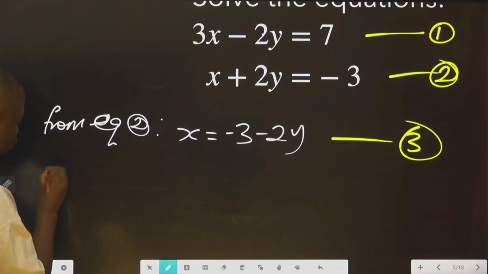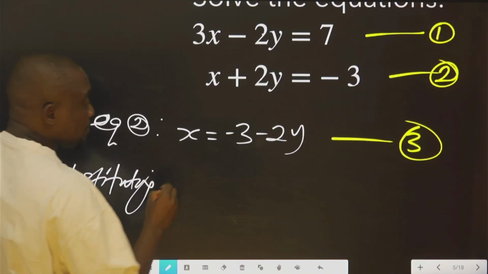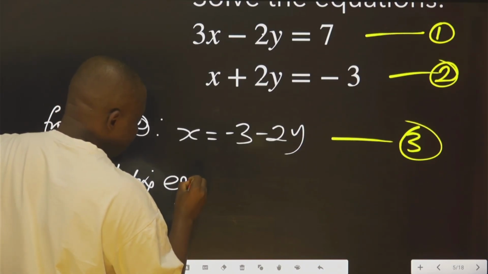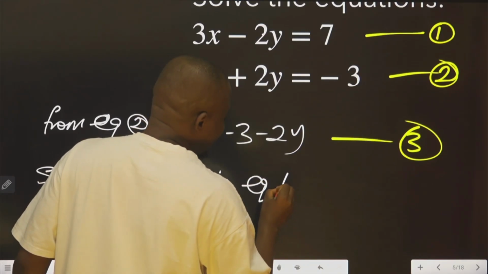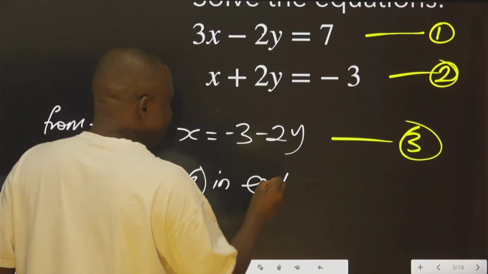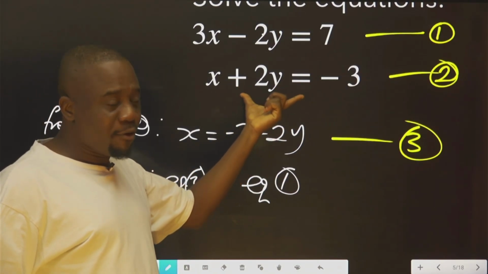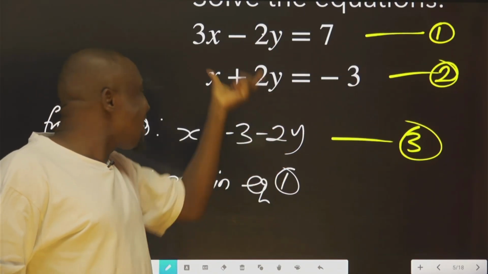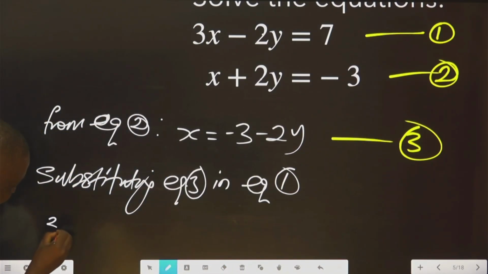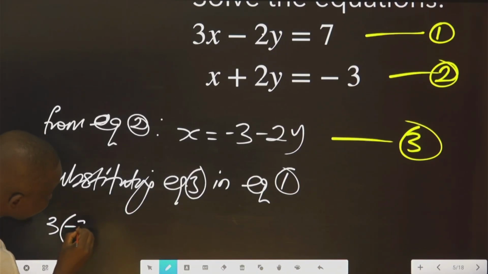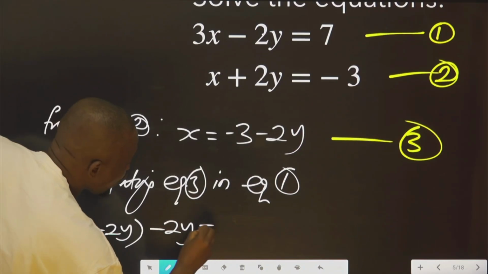I will now say substituting equation 3 in equation 1. Remember, this equation, we got it from equation 2. Therefore, whatever we get will be substituted in equation 1. So in place of x we put this value: minus 3 minus 2y, minus 2y equals 7.